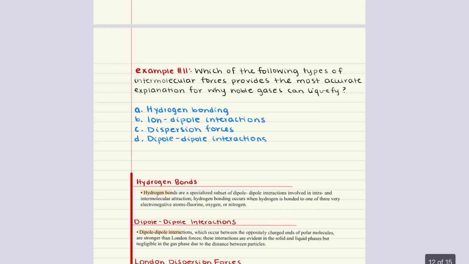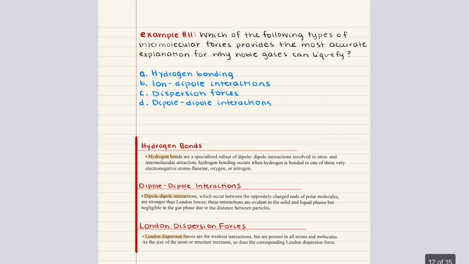Let's move on to problem 11. Problem 11 says, which of the following types of intermolecular forces provides the most accurate explanation for why noble gases can liquefy? Now, noble gases are a group of elements in group 18 of the periodic table. These gases are characterized by their full valence electron shells, which make them chemically inert and nonpolar.